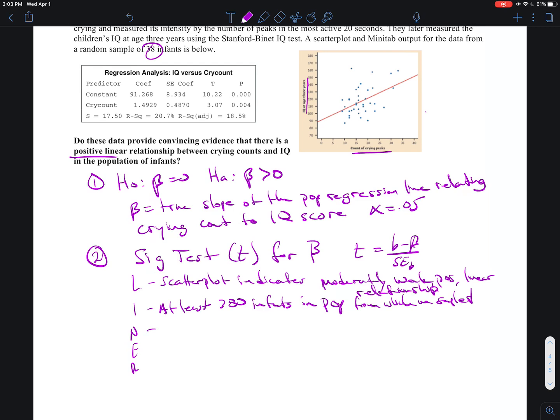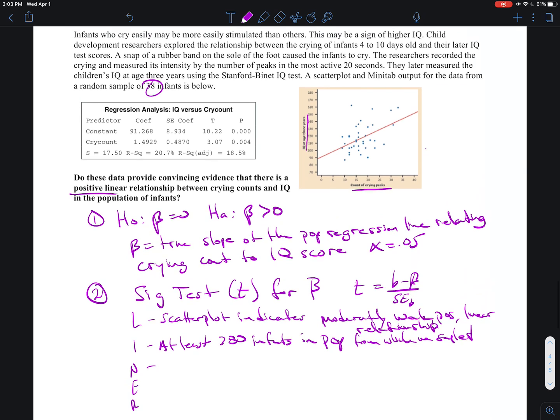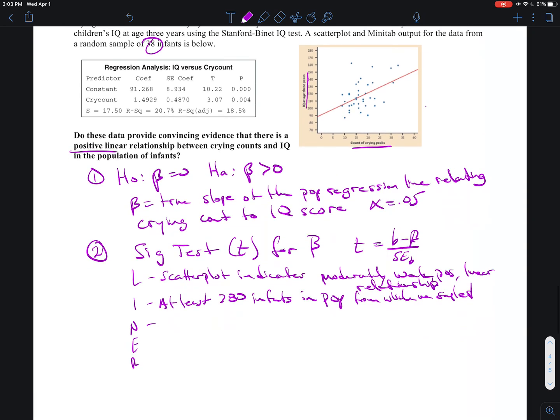The normality condition is a normal, or roughly normal, histogram of the residuals, or you could make a normal probability plot of the residuals, and we're going to assume, because we don't have that information, and I don't have the raw data to even put it in my calculator to figure that out.